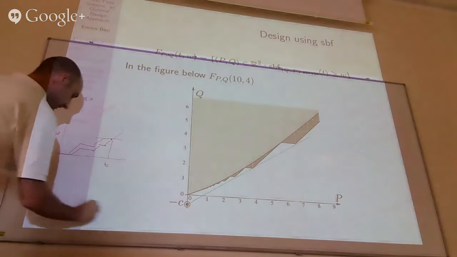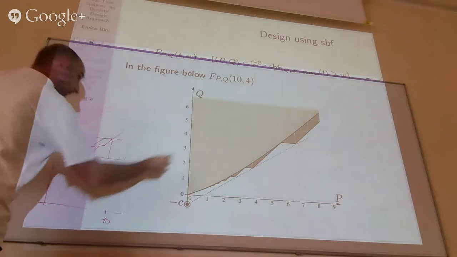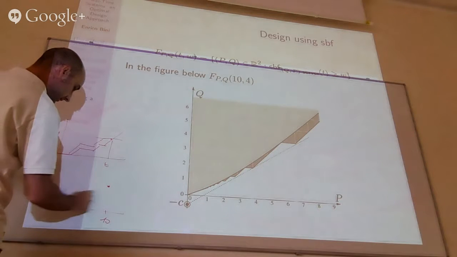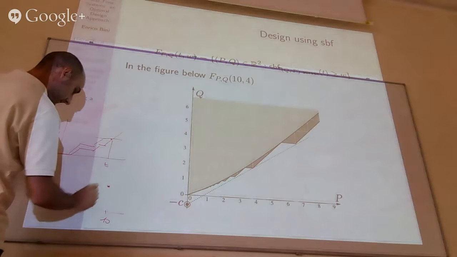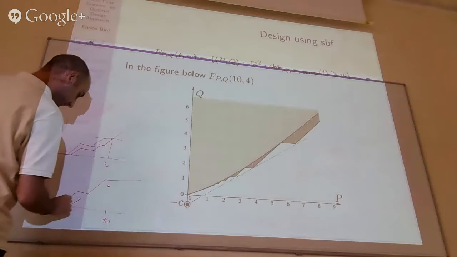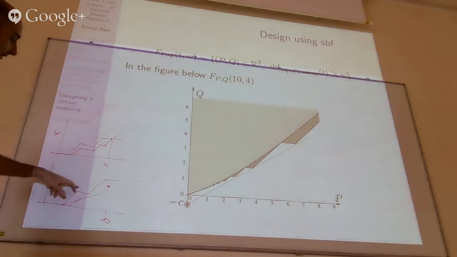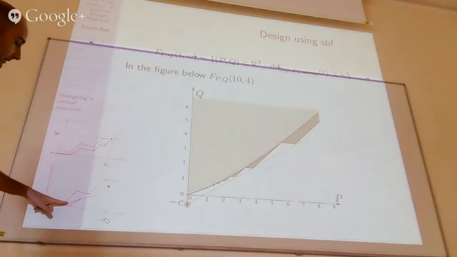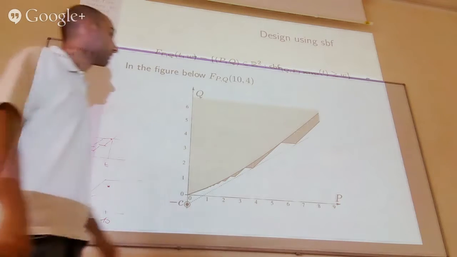Let's say we have this point 10 and 4: you have the exact supply function which can guarantee this point, while the linear lower bound cannot because it's below.